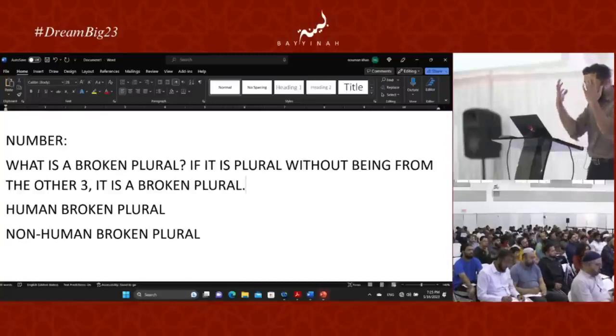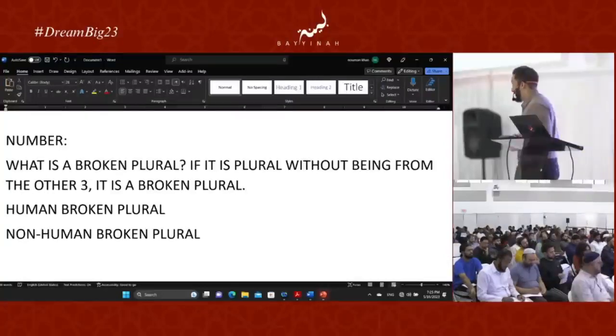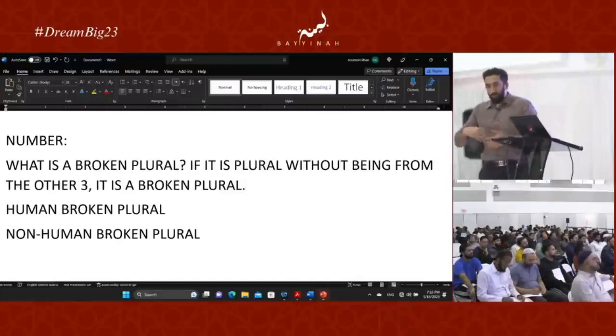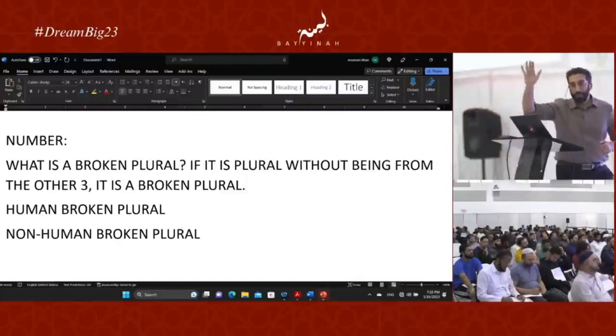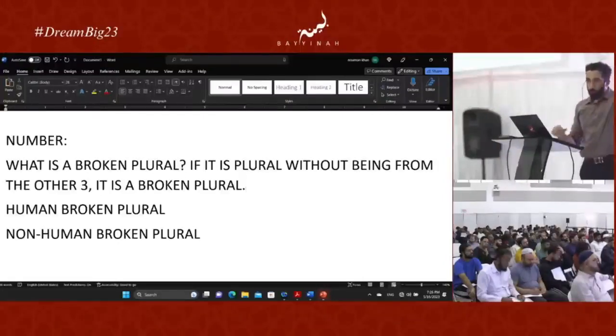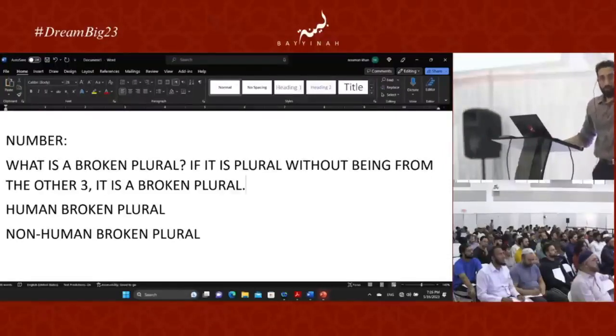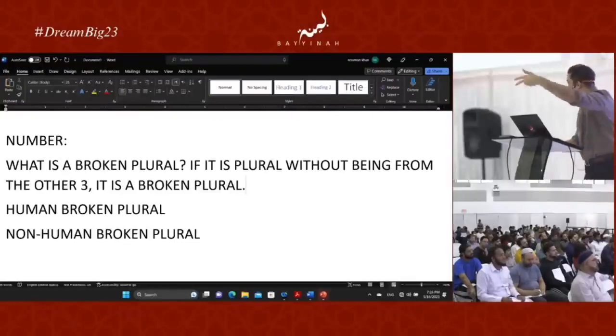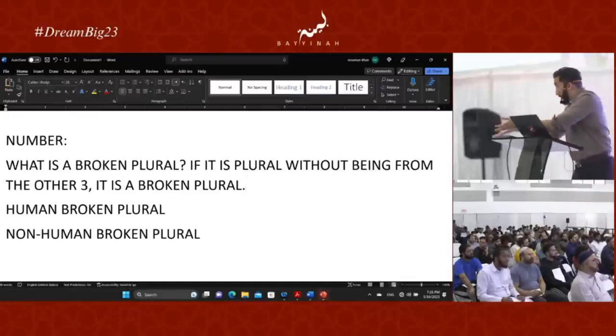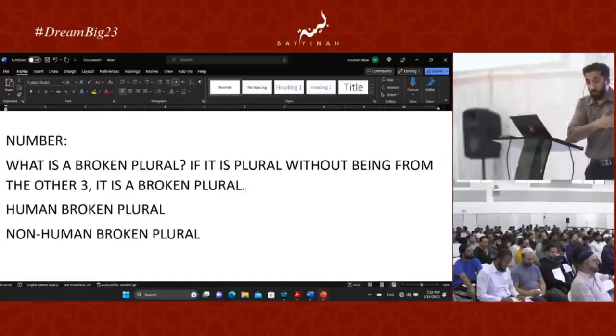What do I mean, the other three? It's not oona, eena, eena. That's one. It's not aatun, aatin, aatin. That's two. It's not what else? It's not nas, qawm, and qarn, but it's still plural. If it's still plural without being any of those three, it's got to be a broken plural.